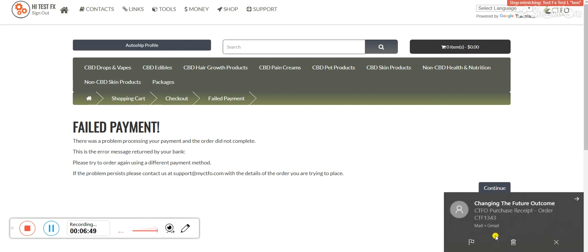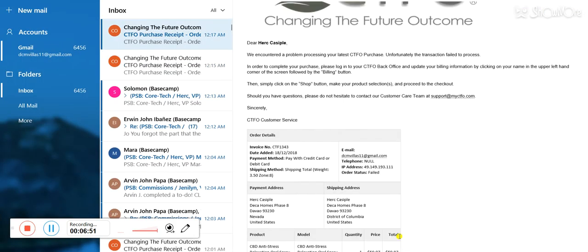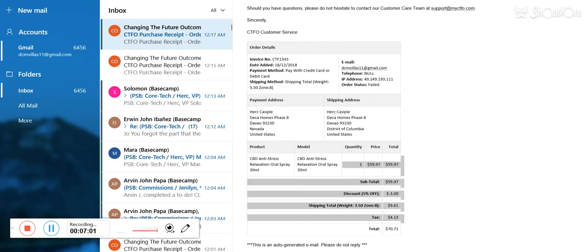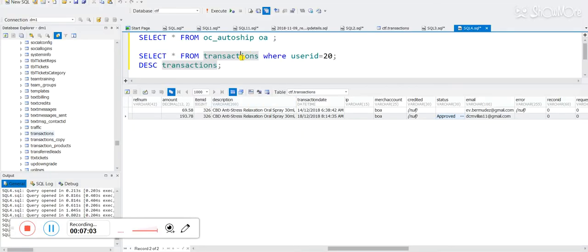All other values should be the same. Only quantity 1. Let's check the transactions table.